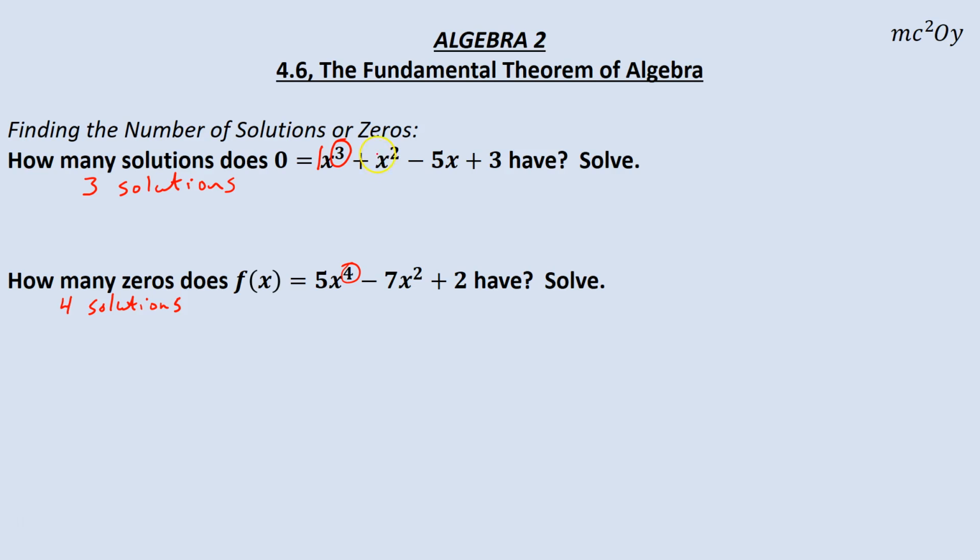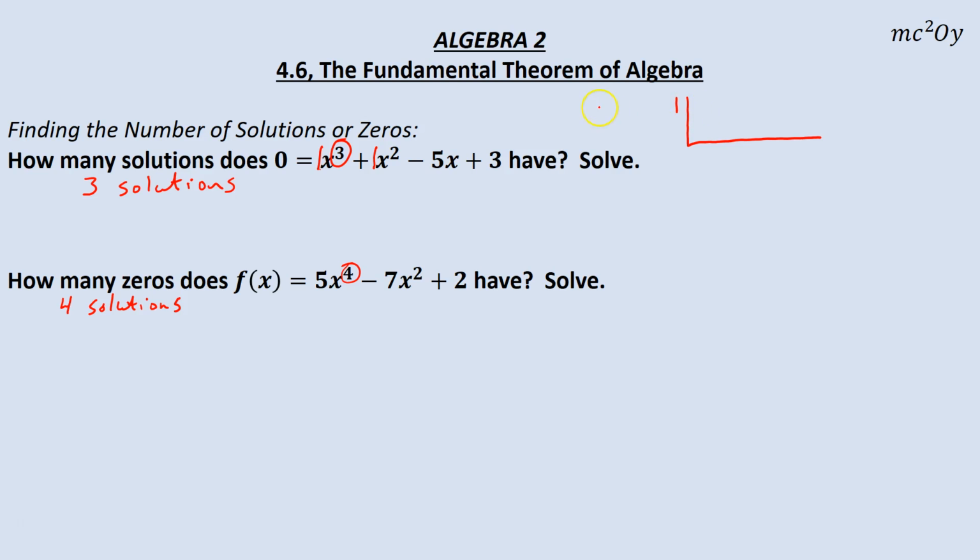This is 1x cubed plus 1x squared minus 5x plus 3. I just add my coefficients, and if that equals 0, that means 1 goes into it. So 1 plus 1 plus negative 5 plus 3 is actually 0, meaning 1 goes into this polynomial evenly. Now I'm going to use synthetic division to figure out how many times 1 goes into it.